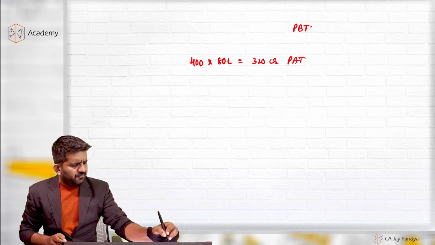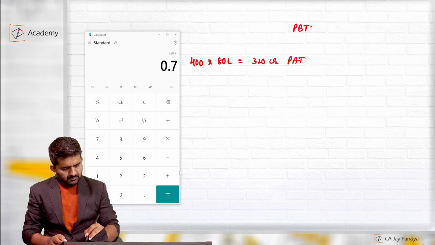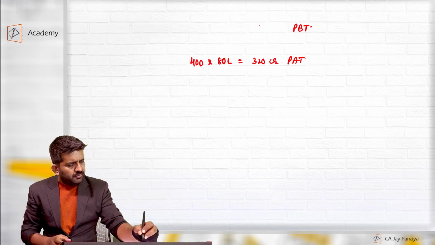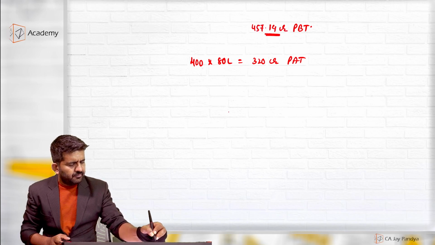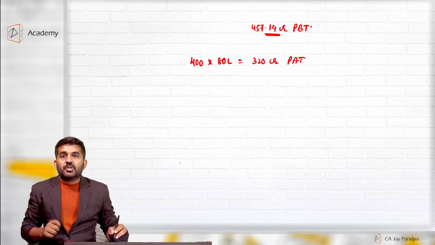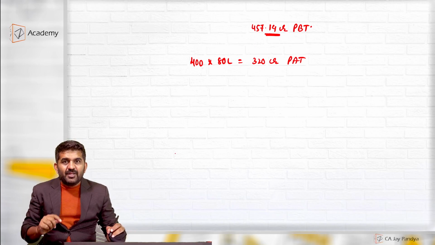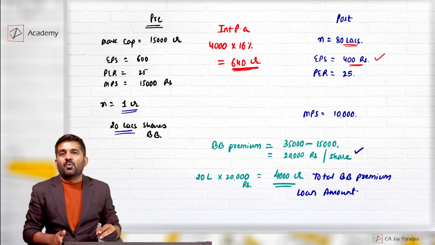What will be profit before tax? 457.14 crore. This will be profit before tax. Will this serve to pay this interest? The answer is right now no.